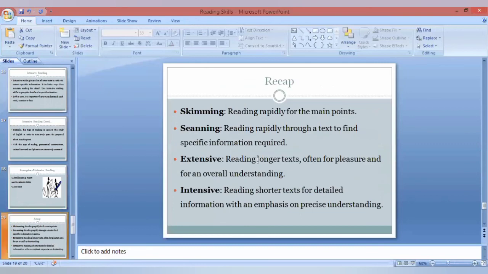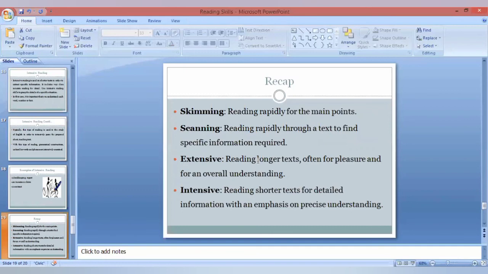Now let us recap this whole lecture. As I said earlier, reading is an ability of an individual to read, to understand, and to interpret the written words on a piece of paper. Then we discussed four different types of reading.